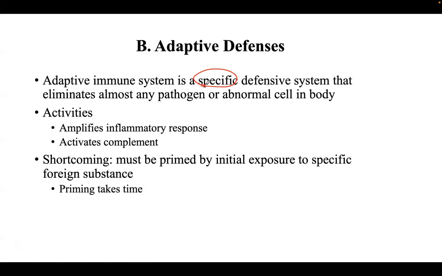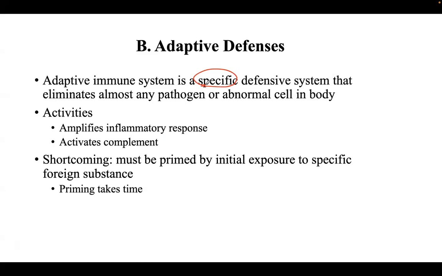So the adaptive immune system will set the pathway, will say this is what you need to do, then complement will do that. Adaptive will very specifically identify that this is the problem. So this pathway you need to do. Maybe you need to do opsonization, or maybe you need to do inflammation, but it will determine the pathway.